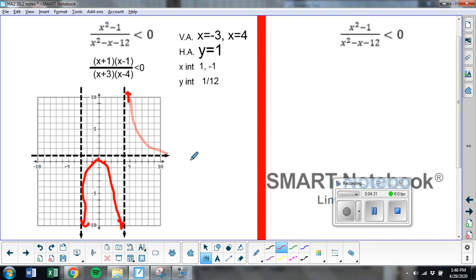Because this is approaching from the negative infinity side, on the other side, it's going to go up forever. So what we do need to do is plug in 10 and negative 10 and just see where that falls. So go ahead and plug in 10 and see what you get.